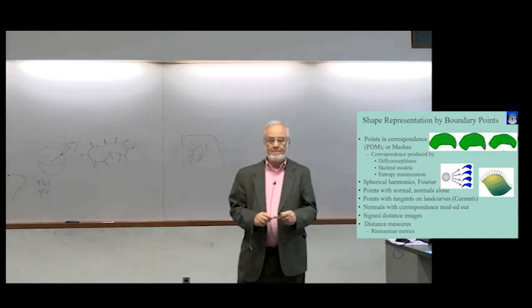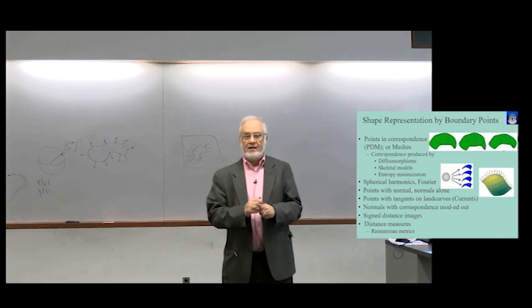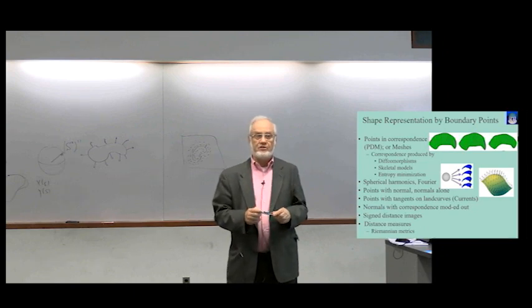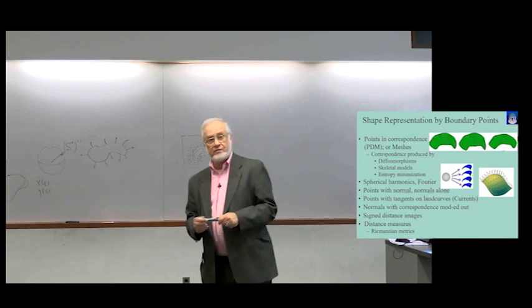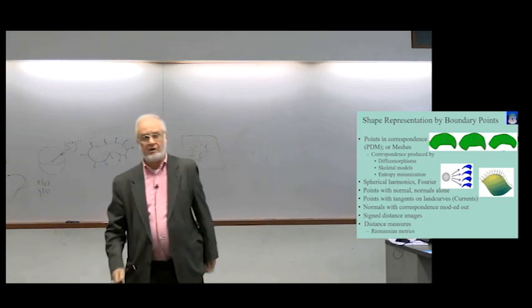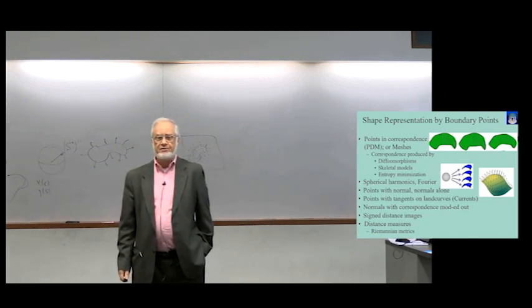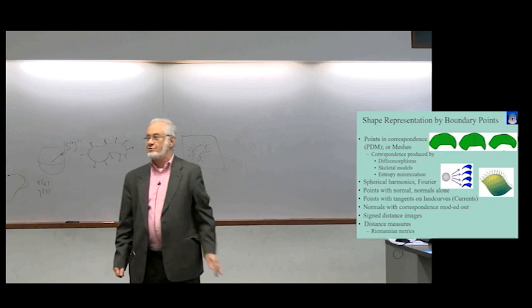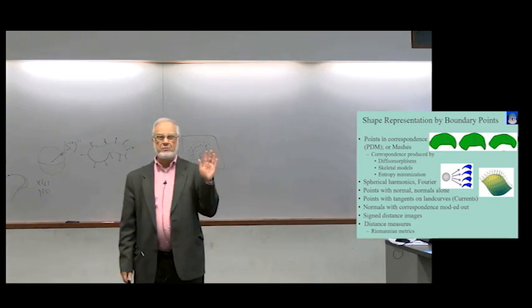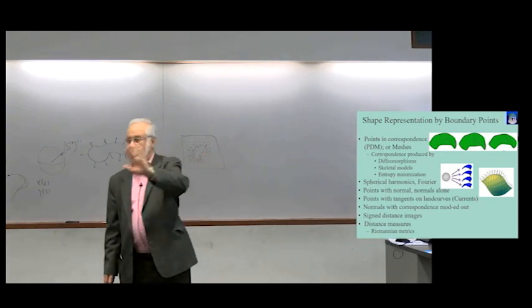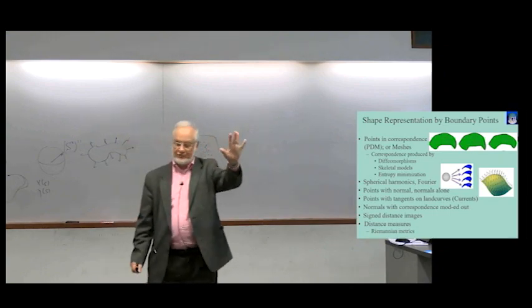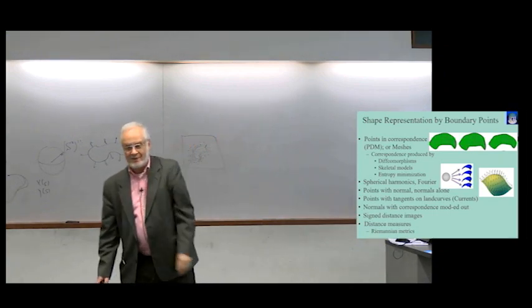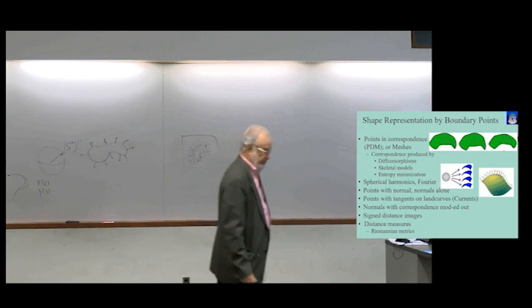It turns out that this correspondence question is so thorny that there's been some lovely research by Anuj Srivastava and his students and colleagues on how to get representations that don't depend on correspondence. That is, where the correspondence is modded out, in the same sense of the modulo that you have from arithmetic.